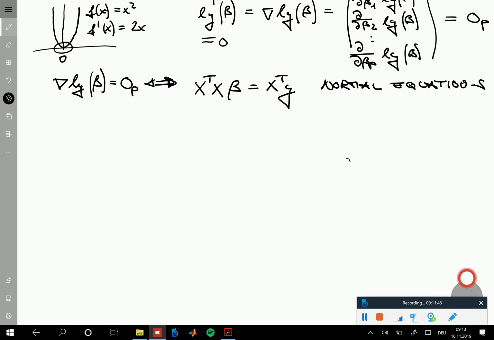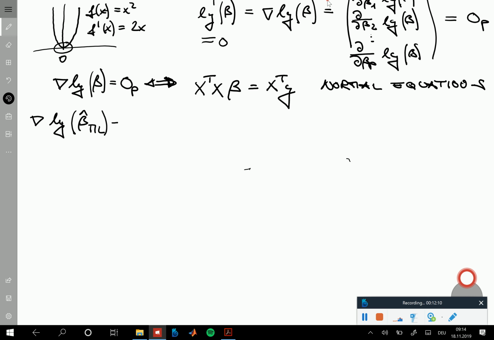But if one has this equivalence, then of course one can immediately solve this for beta. Maybe that gets a little bit clearer if you write it this way. We are now at the location of the maximum likelihood.